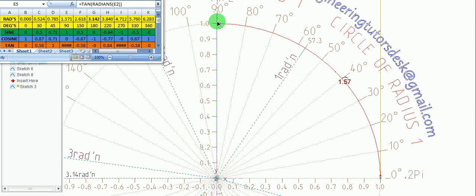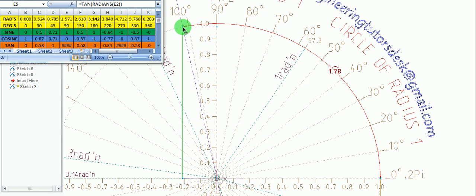Now let us proceed to quadrant number 2, which is more than 90 degrees or more than 1.57 radians. Let us consider an angle 150 degrees or 2.6 radians.